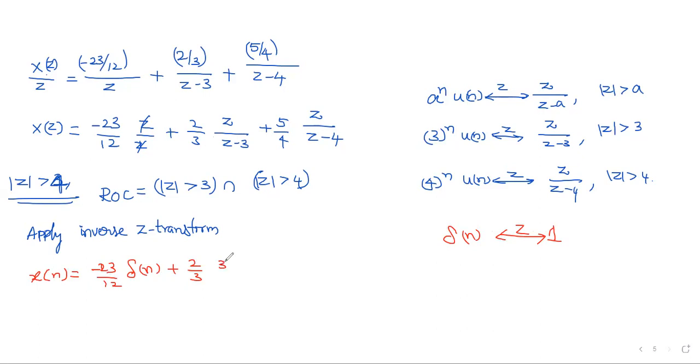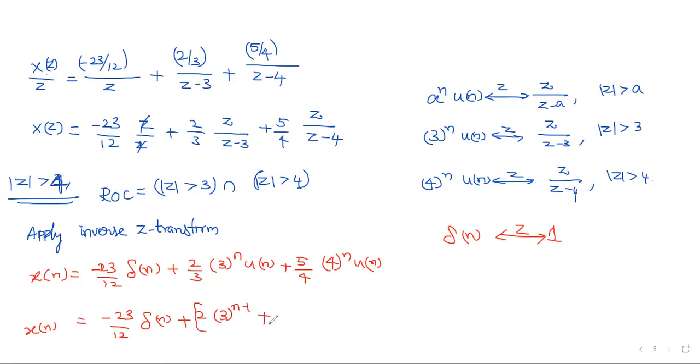2 by 3 into 3 power n u of n plus 5 by 4 into 4 power n u of n. Now you can write it here. x of n is equal to minus 23 by 12 delta of n plus 2 by 3 into 3 power n, that is 2 into 3 power n minus 1 into u of n.